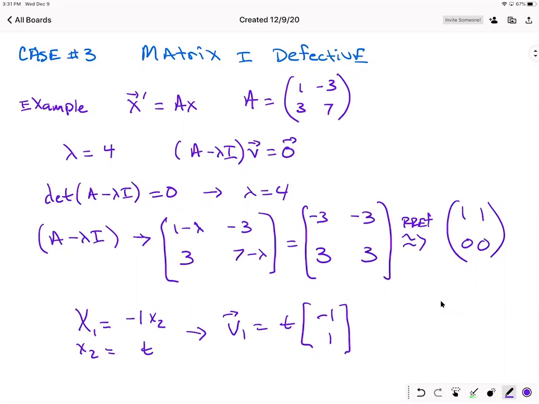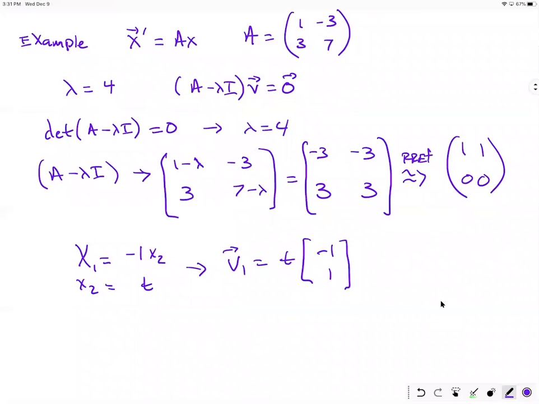And I have a 2 by 2 matrix with only one eigenvalue and one eigenvector. So this is a defective matrix.